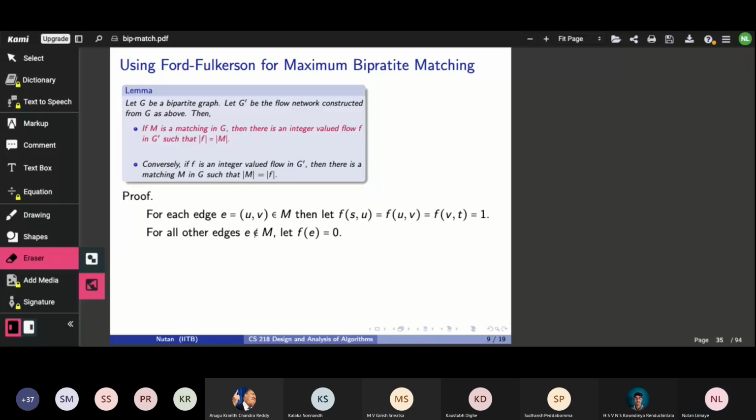I give flow of value 1 to 3 edges if there is one edge in the matching M. Okay? So the 3 edges to which I give non-trivial flow values are SU, UV, and VT. And I give flow of value 1 to all these 3 edges. Now for every edge UV in the matching, this is the mapping I do. And for all the other edges which are not in the matching, I just assign a flow of value 0 to them.